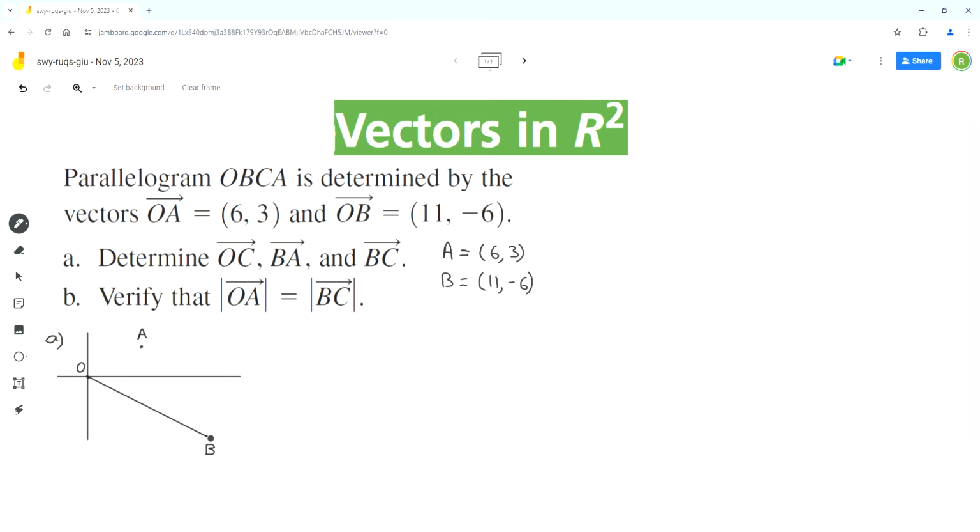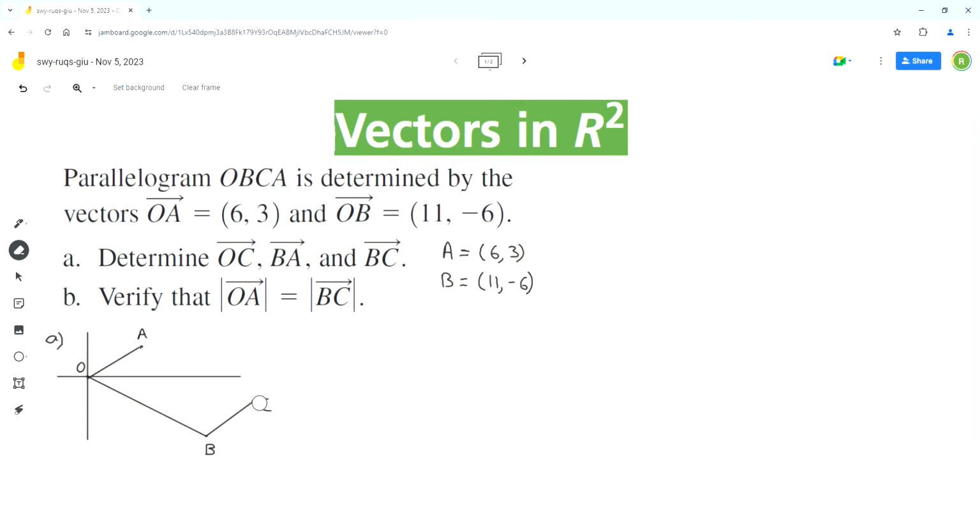Since we do not know the coordinates of point C, we know that point C will be somewhere here, because in a parallelogram, opposite sides are equal in length and parallel to each other. So if point C is somewhere here, then side BC will be parallel to side OA and have the same length.